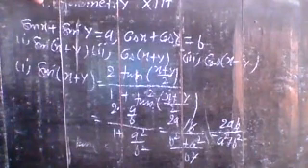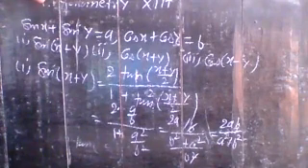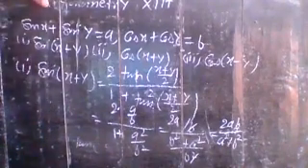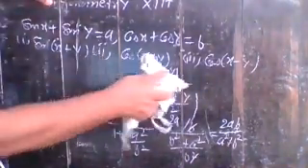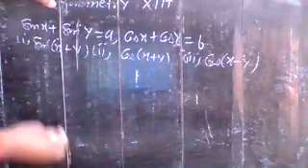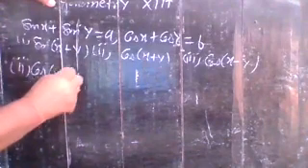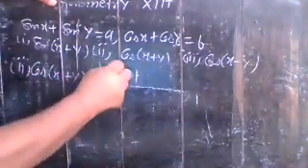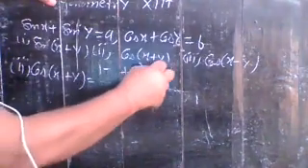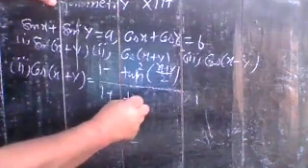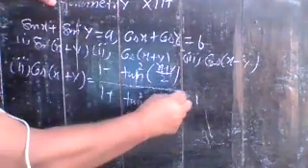In the same way, if you want to find the value of cos(x+y), again you apply the formula in terms of tan. So write it. Second part: cos(x+y) is equal to 1 minus tan square((x+y)/2) upon 1 plus tan square((x+y)/2).